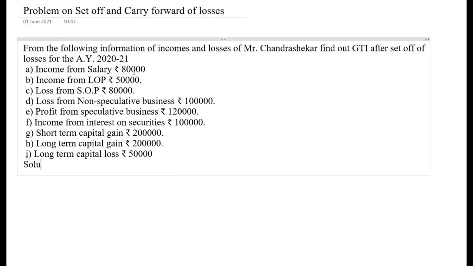So now let us go for finding the solution here. Computation of gross total income, name of the assessee. The assessee in this problem is Mr. Chandrasekhar.